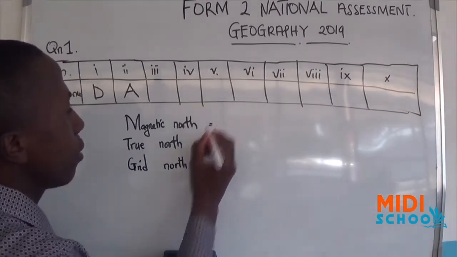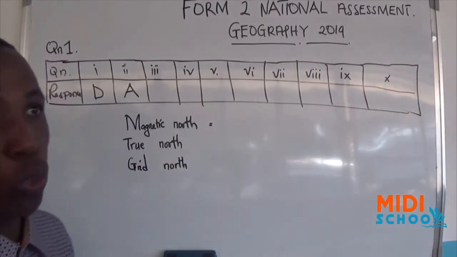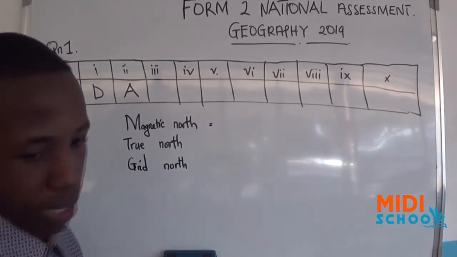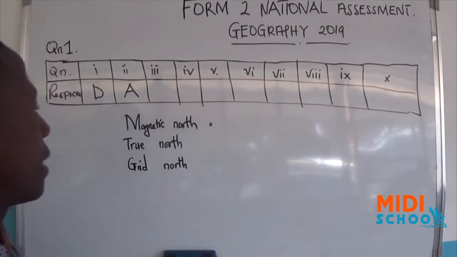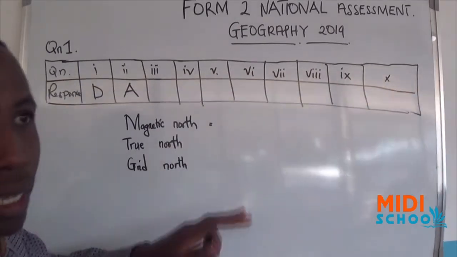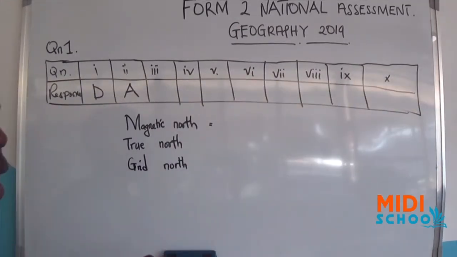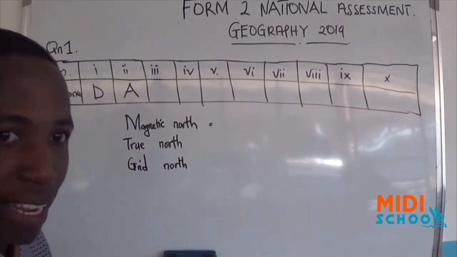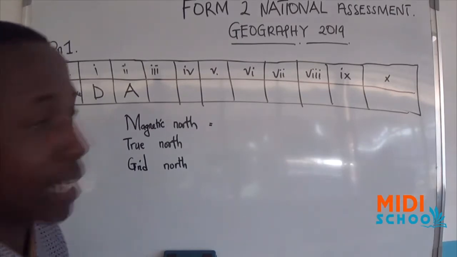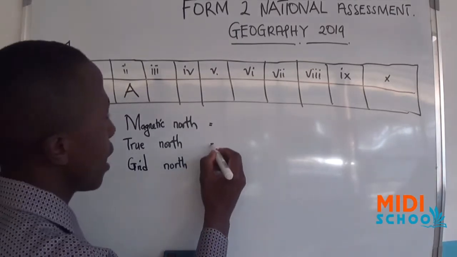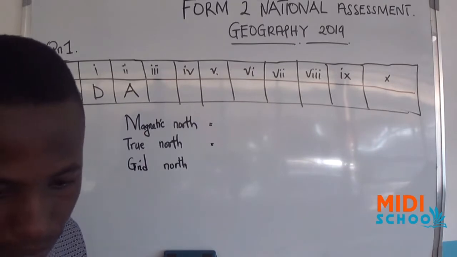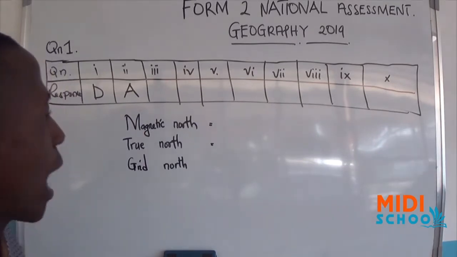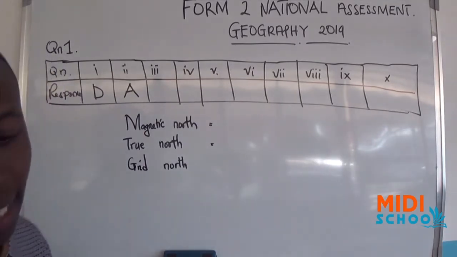The magnetic north is just the direction to which the compass needle always points. This is because the compass needs to align itself with the Earth's magnetic field. But the true north is a fixed point, a fixed point where the globe always directs.